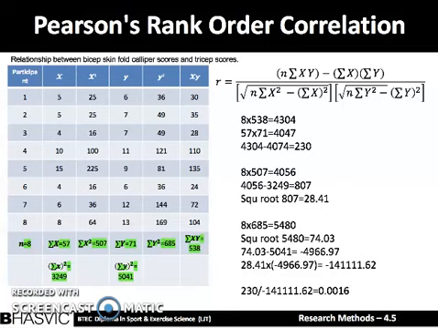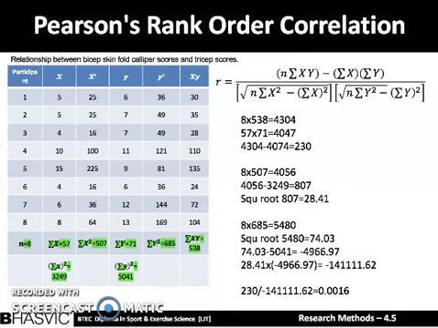Therefore, you're going to subtract 3,249 from 4,056 to equal 807. Now, as you can see, you've got a square root, so therefore you have to square root the 807 that you've just calculated, and that equals 28.41.